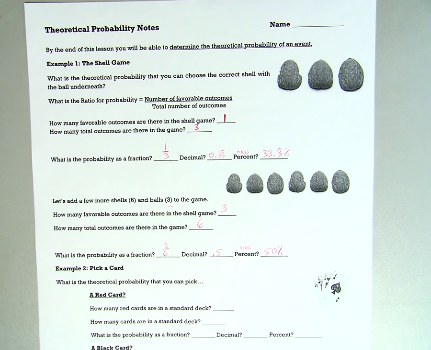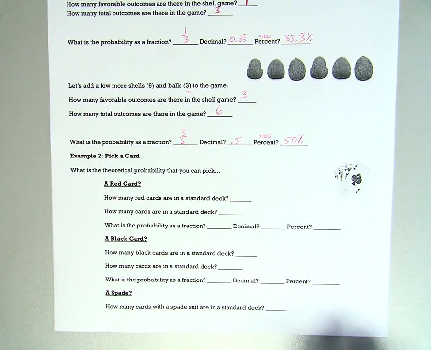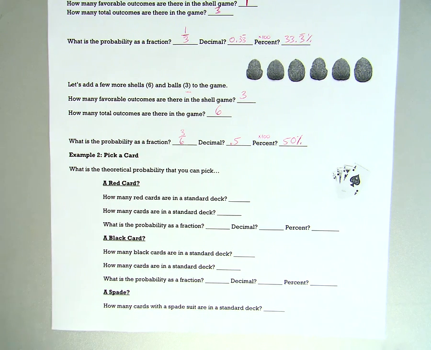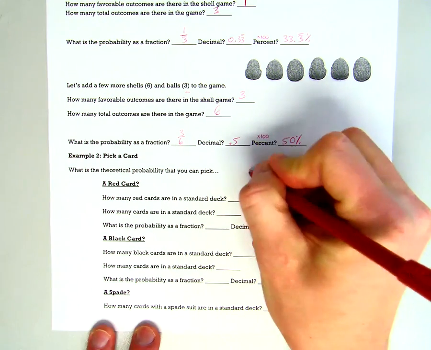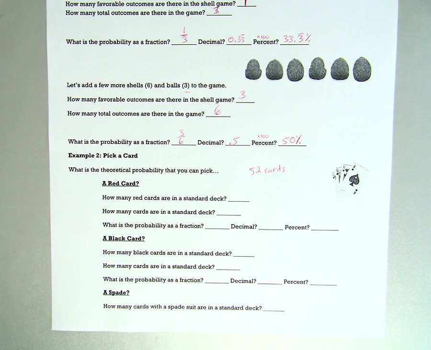Another example you're going to look at is picking a card. What is the theoretical probability that you can pick a red card? If we think about a standard deck of cards, there are 52 cards in it. Out of those 52 cards, we have the numbers 2, 3, 4, 5, 6, 7, 8, 9, 10, Jack, Queen, King, Ace.